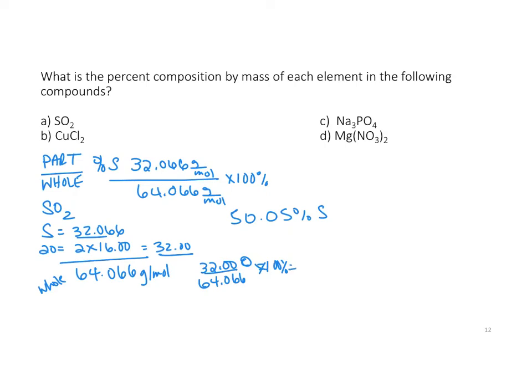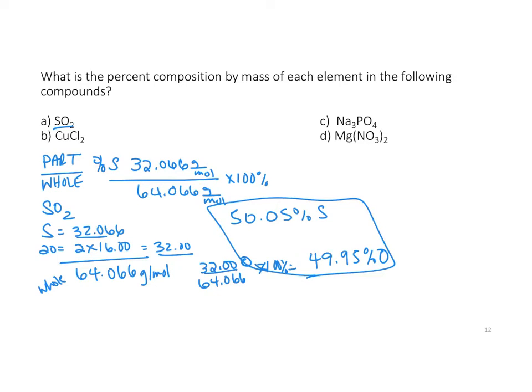So now you do 32 divided by 64.066 times 100, and then that is 49.95% oxygen. And these numbers, since there's just 2 things in there, should sum up to 100%.